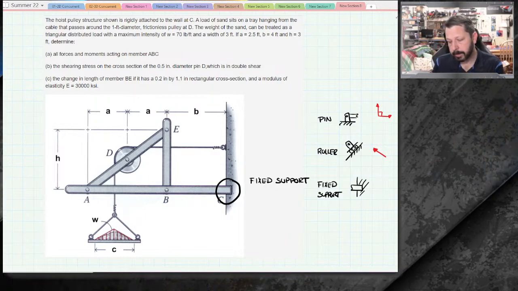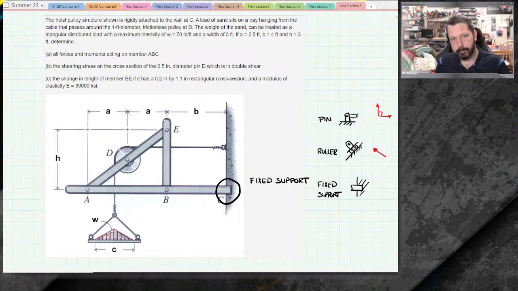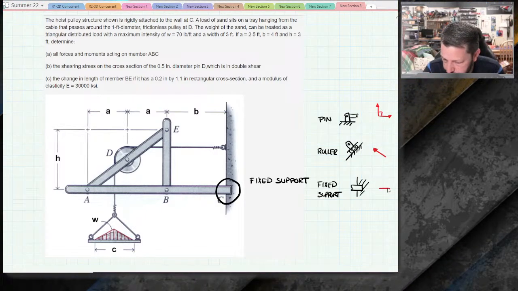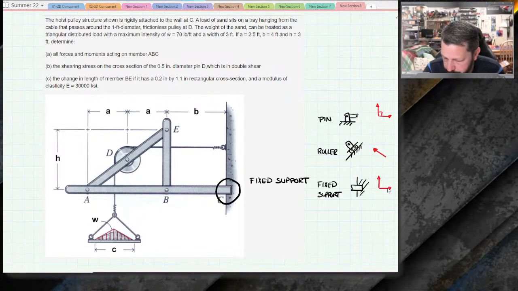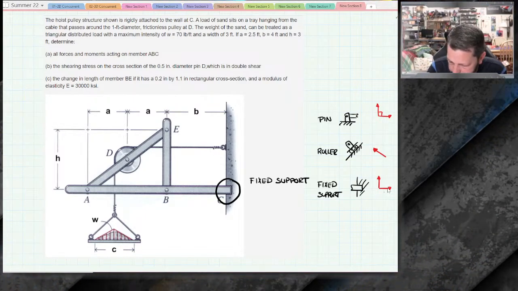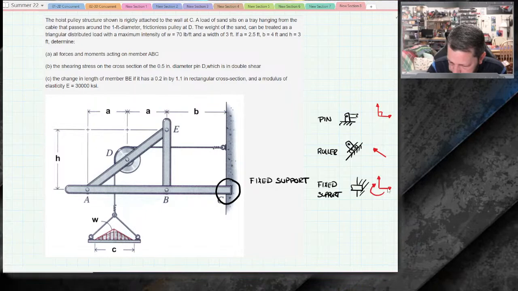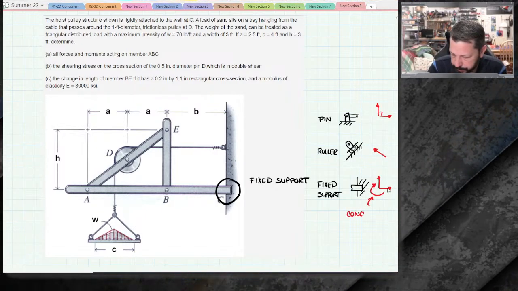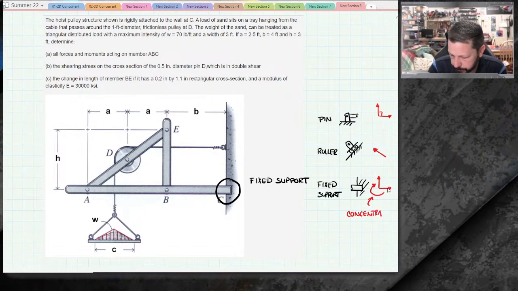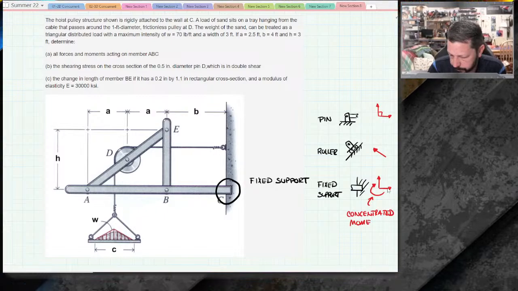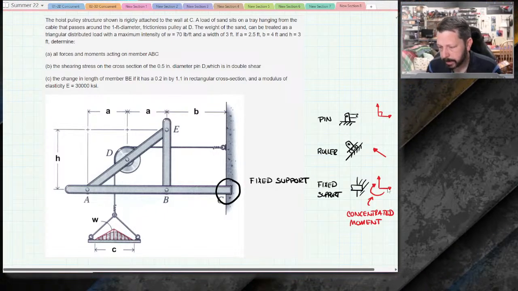So not only does the beam being embedded in the wall mean it can't move left and right, and it can't move up and down, but also it can't rotate. So they actually get this kind of symbol. So this is a concentrated moment. So we haven't dealt with that before.